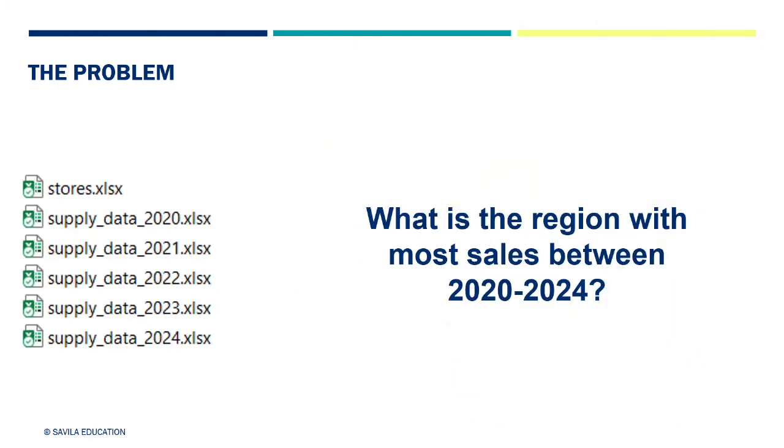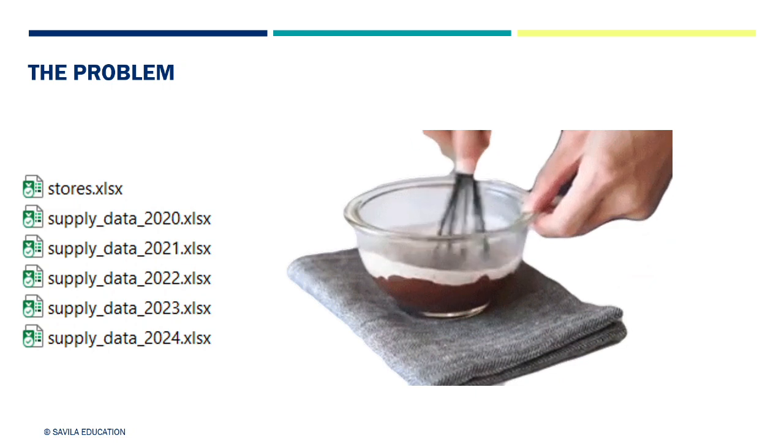Now let's look at the data and what we need to do in order to answer this question. The question is looking for information across all of these different years, so we're going to have to combine all of those years. But also the region of the different wholesalers is located in another file, the store file, so we're going to have to combine all of these together.